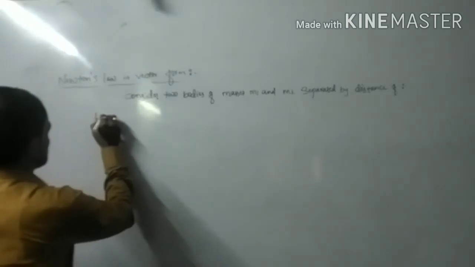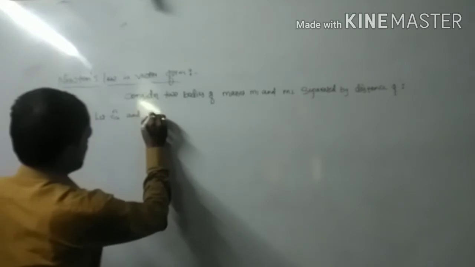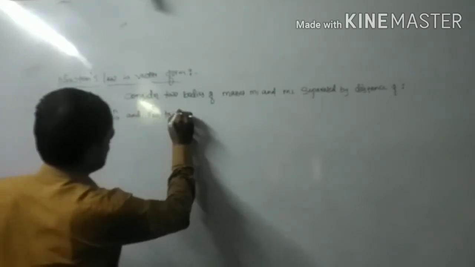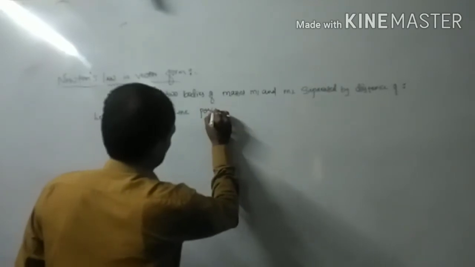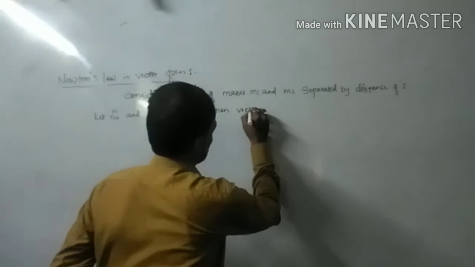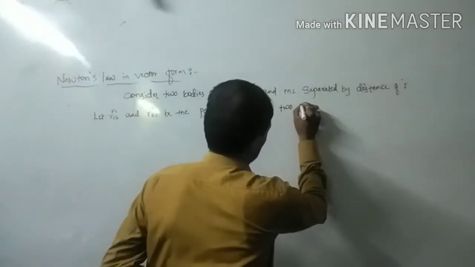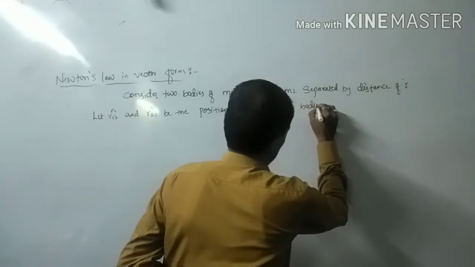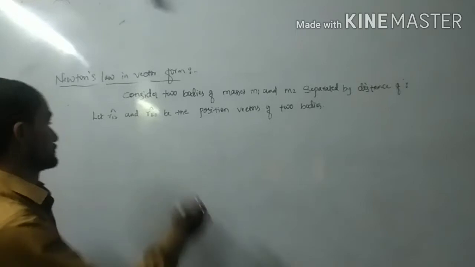Let r12 and r21 be the position vectors of the two bodies. Understood?